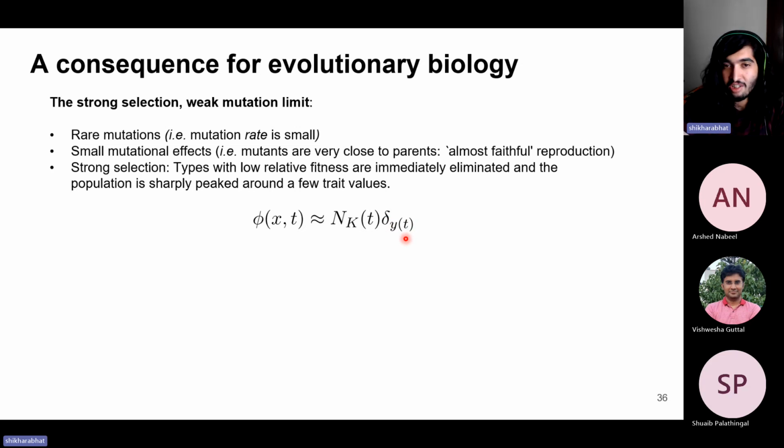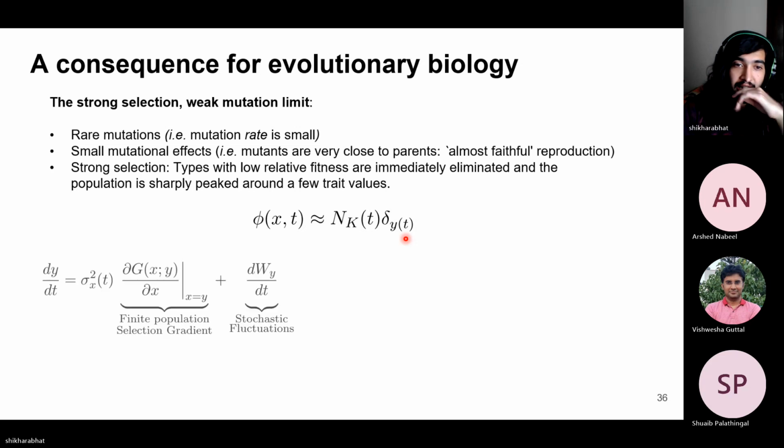The approximation then is everybody in the population has the same phenotype, but what this phenotype is changes. That is, if a new mutant arises, it either immediately fixes in the population and everybody adopts this new trait value, or it goes extinct. You can think of this as observing the population at long time scales if you prefer. In this limit, you can derive, using the Itô calculus I showed you, an equation for this y of t, and the equation looks like this.